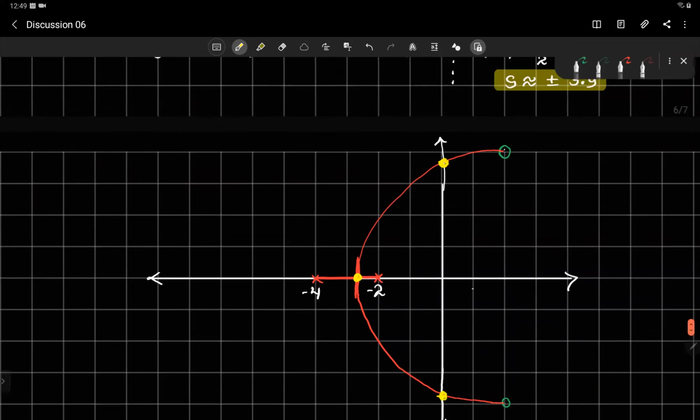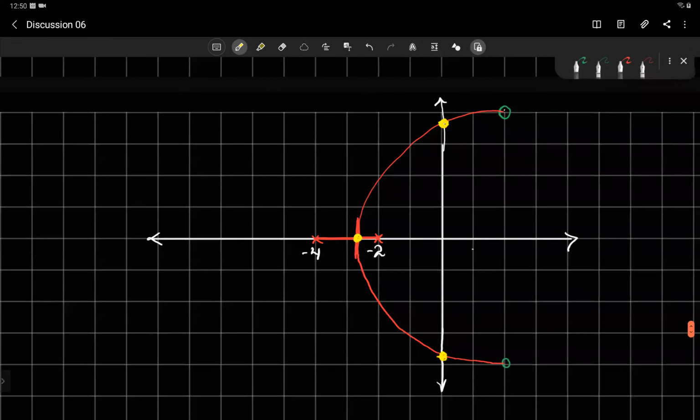Now the final refinement step. So this is 2, this is -4. The final refinement step is the angle of departure or arrival, which is essentially the angle at which the root locus approaches the zeros.